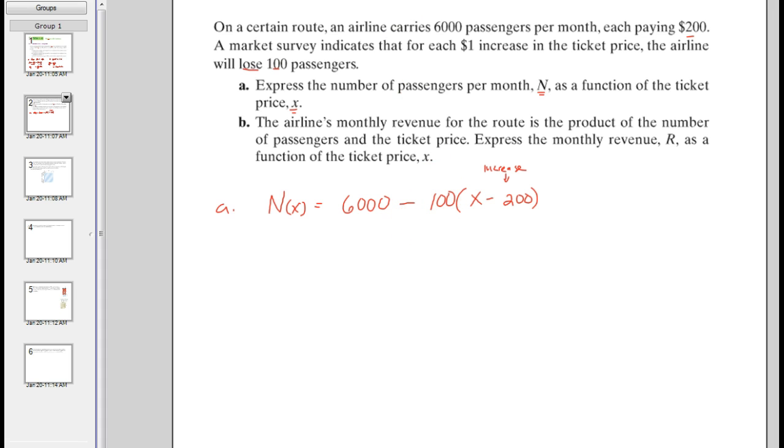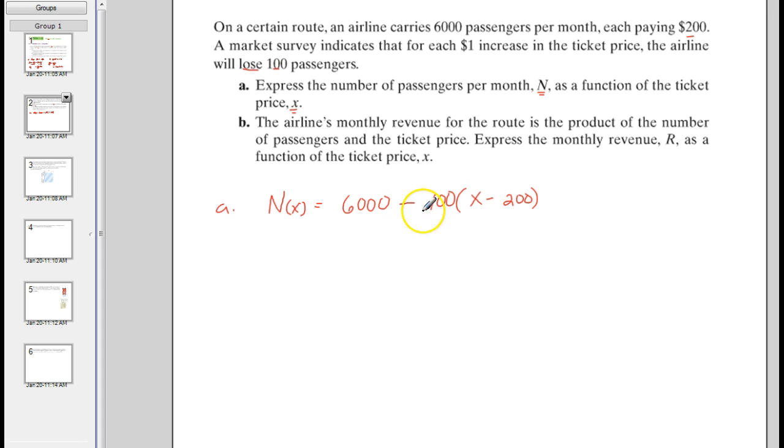All right, and I'm going to erase this. There's part A. That's how many passengers per month that they would have. Okay, now you may be thinking, well, what if that's bigger than 200? What if it's 190 rather than 200? Well, then that would be a negative number, and a negative times a negative is a positive.